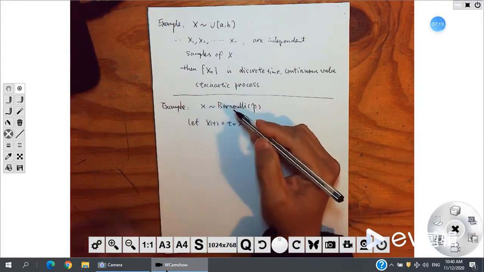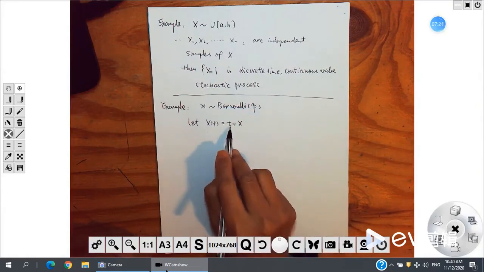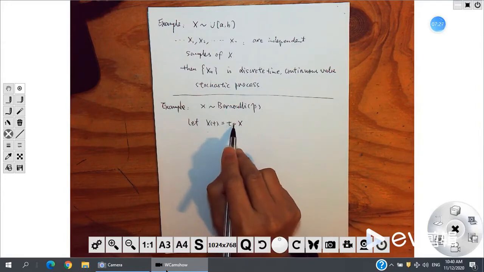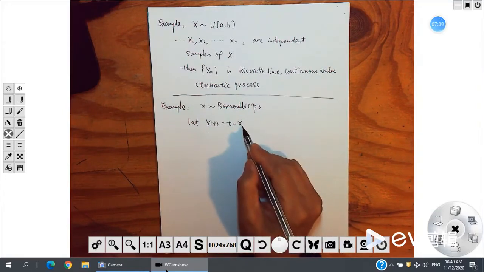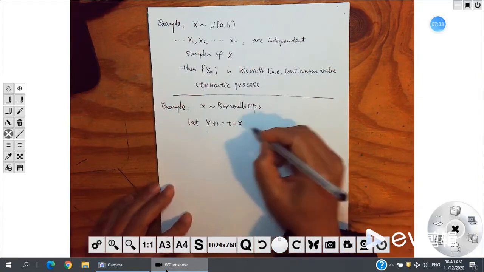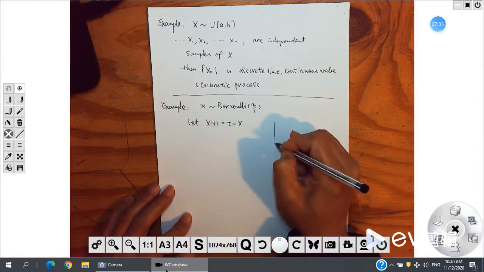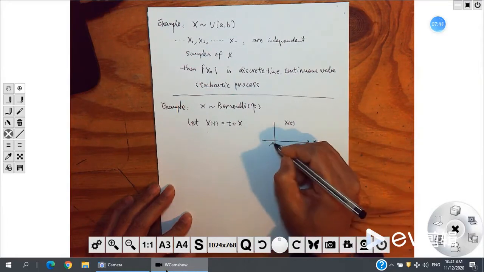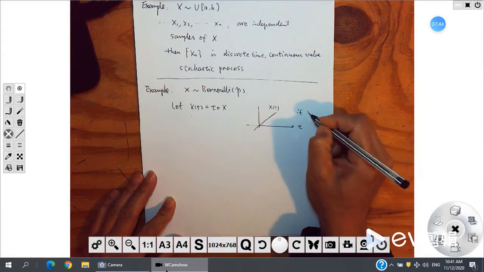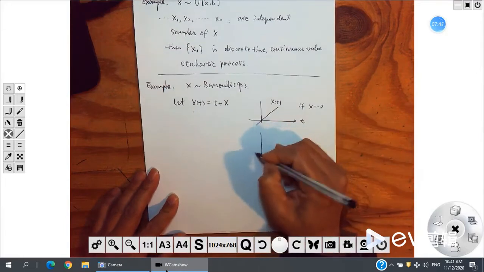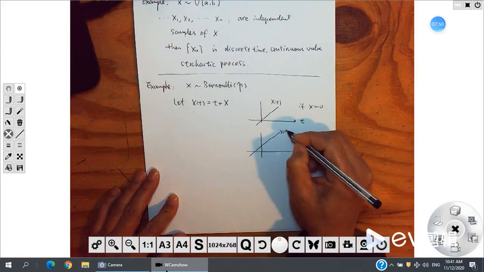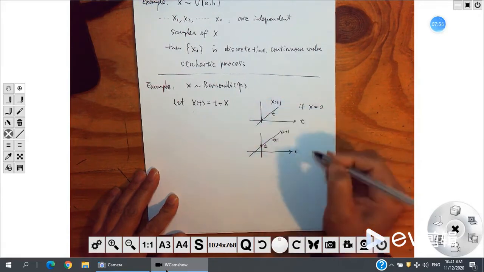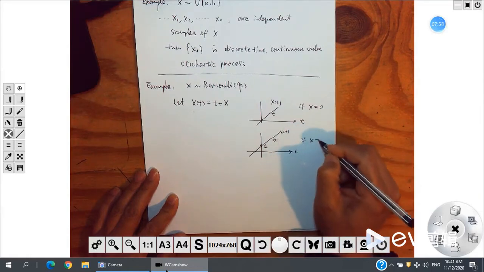If x is 1, then x of t will be t plus 1. If x is 0, x of t will be just t. So x of t will be t if x equals 0, and t plus 1 if x is 1.